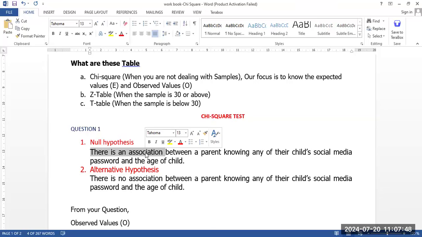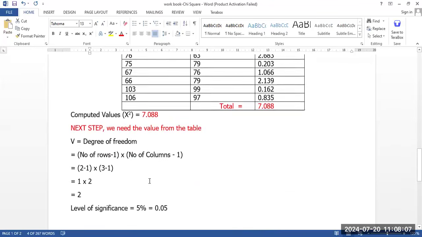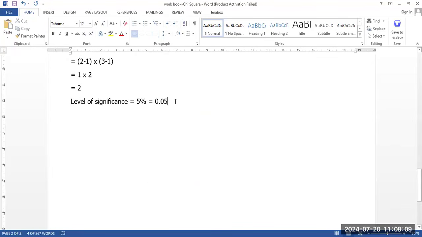If you had a side, that will be a one-tailed test. But if you don't have a side, you don't know whether you should focus on negative or positive. So here we have the side, so we cannot divide it by 2.